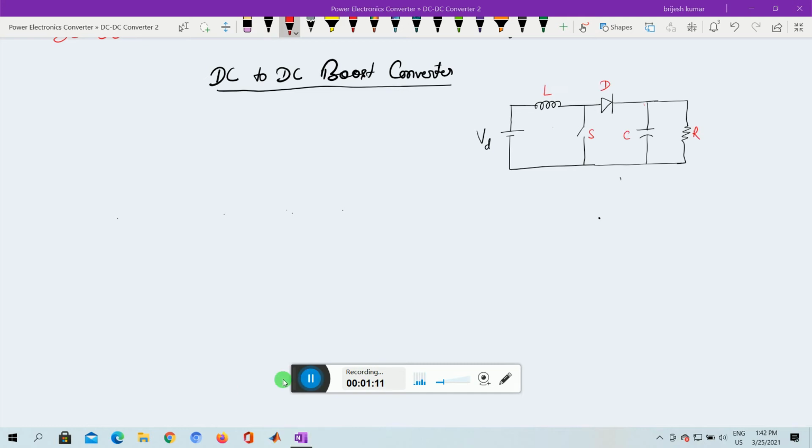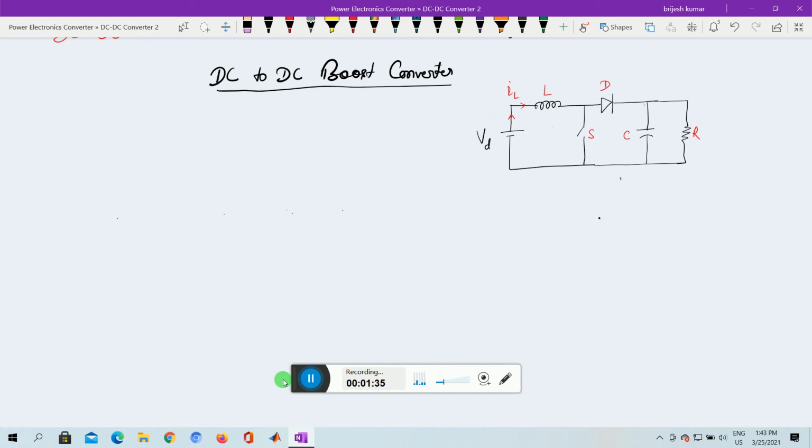Now the input current is obviously ID, and the current through the inductor is IL. We can mention it in capital letters if the input voltage is a perfect DC; else we can write it in small v also.